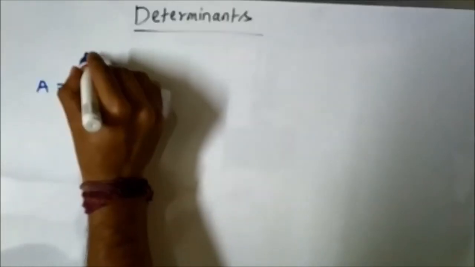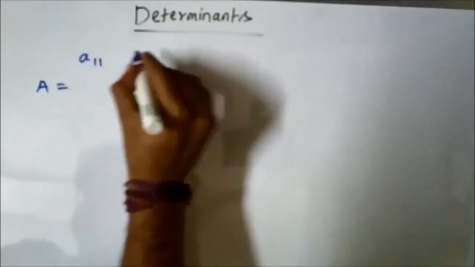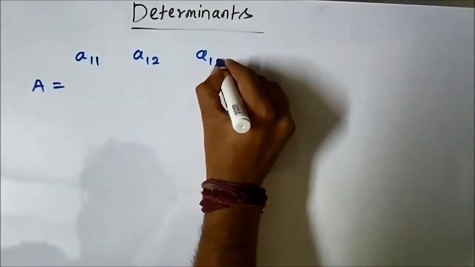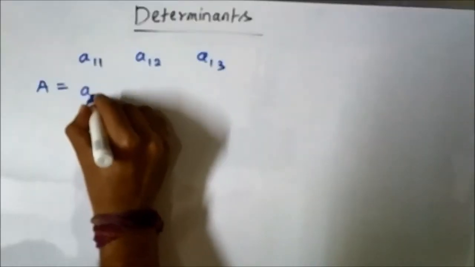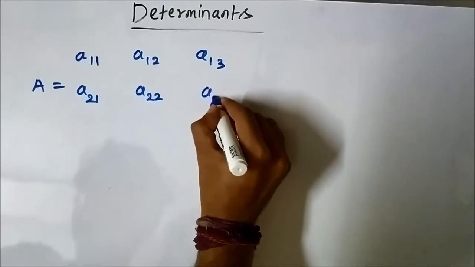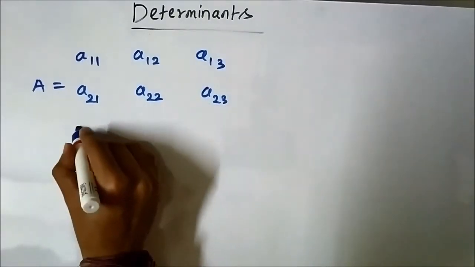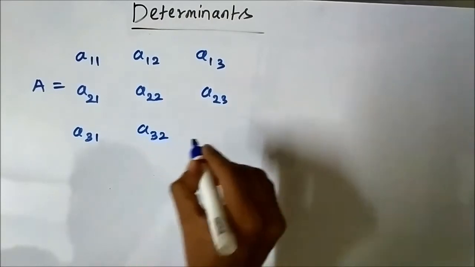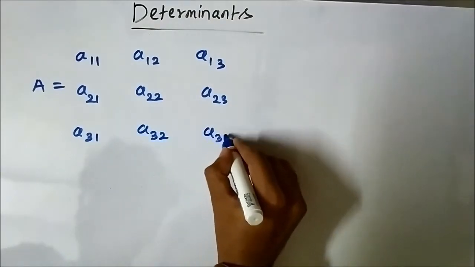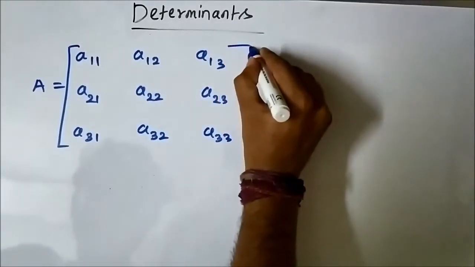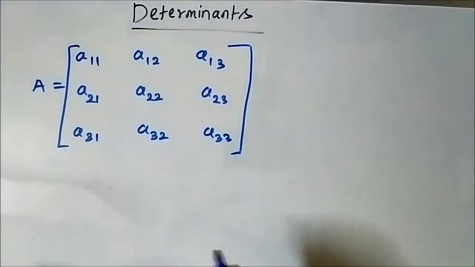Let's say a11, a12, a13, a21, a22, a23, a31, a32, a33. Okay, this is a square matrix of order 3.